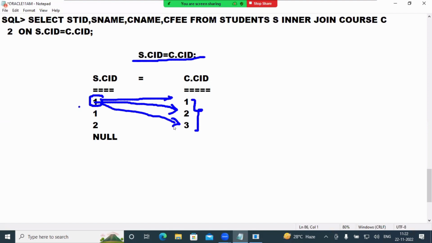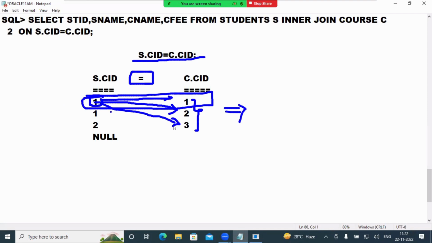My condition is equals, so 1 is equals to 1. Is the condition true or false? The condition is true, so this row will be joined.